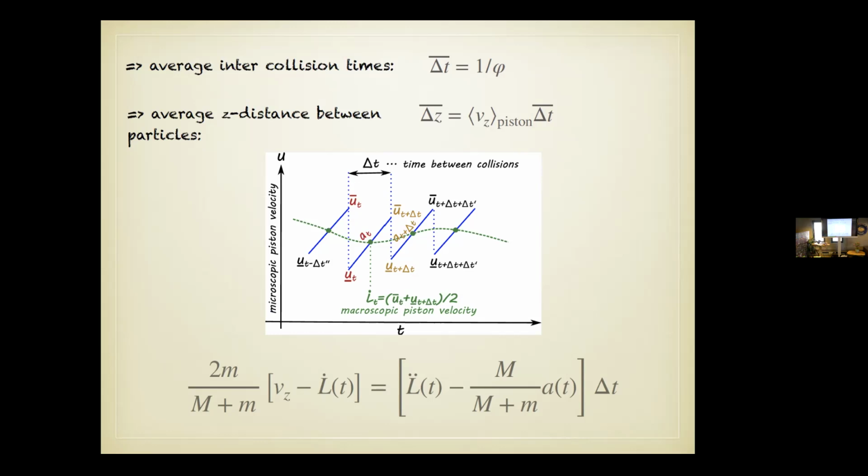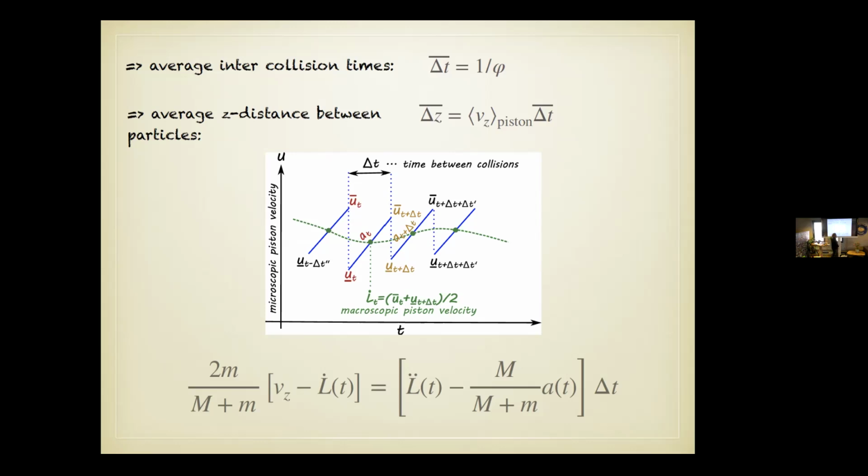If we think of the problem as a particle and here the piston, and here we shoot the particles with delta z, and the time between collisions would be delta t. So just shoot them in a row onto the piston. And then, putting all in, we get this following equation.